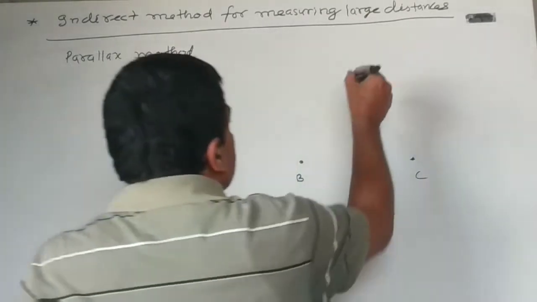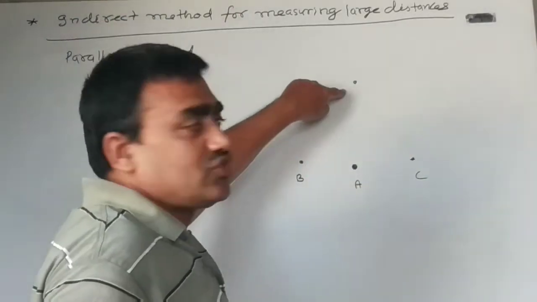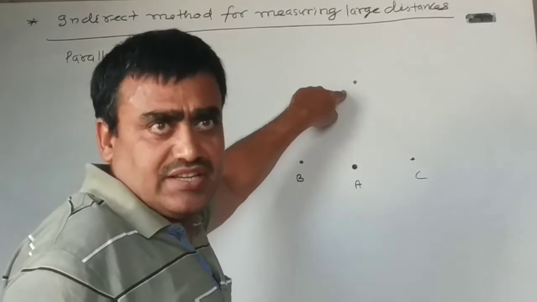Okay, suppose this is the point at which the moon is located.